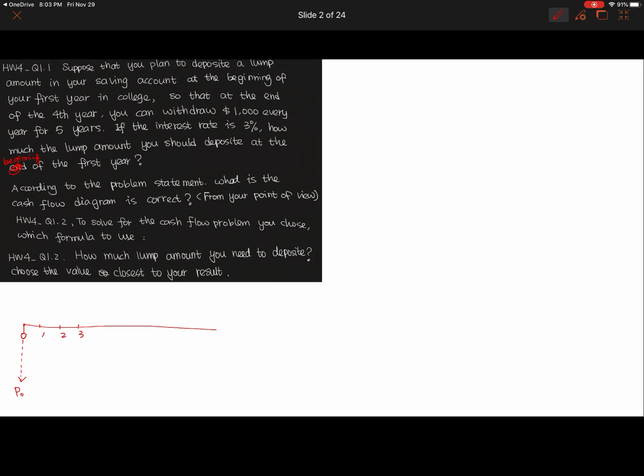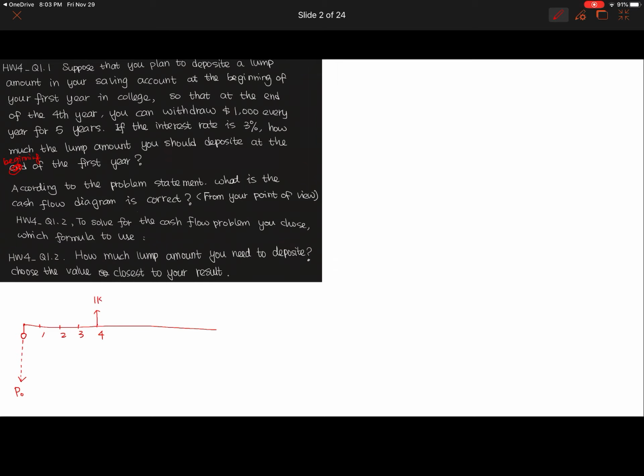Then you hit the first year, 2nd year, 3rd year. You do nothing in the first 3 years. You just save the amount and let the interest grow. And then at the end of the 4th year, you start to withdraw. Every time you withdraw 1K, 1,000, that's the money coming into your pocket, so it's an arrow going up.